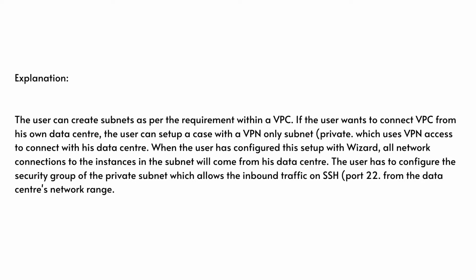When the user has configured this setup with the wizard, all network connections to the instances in the subnet will come from his data center. The user has to configure the security group of the private subnet, which allows the inbound traffic on SSH port 22 from the data center's network range.